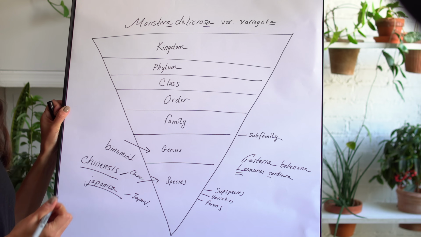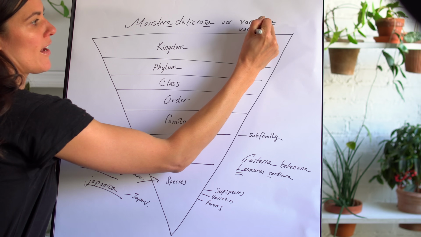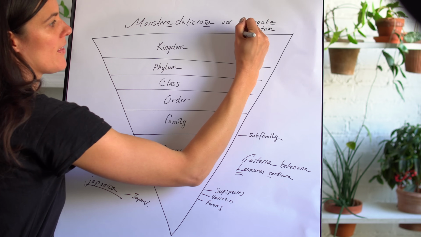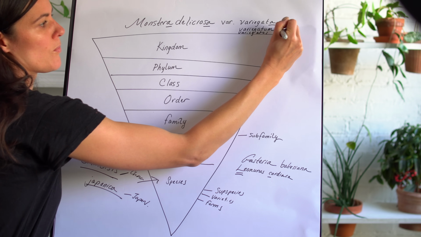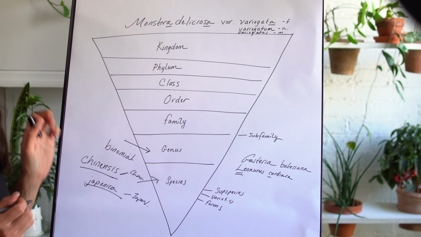So you see that has an A. So it wouldn't be variegatum, which is neuter, and then variegatus. This is neuter, this is feminine, this is masculine.